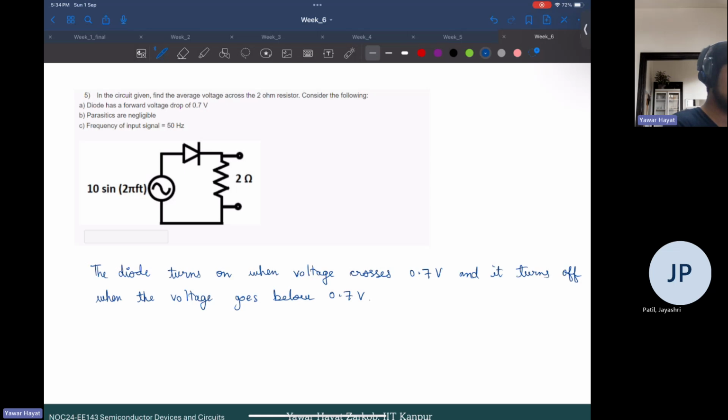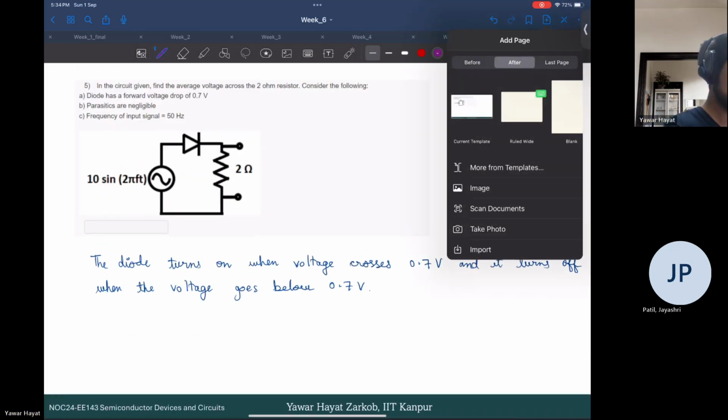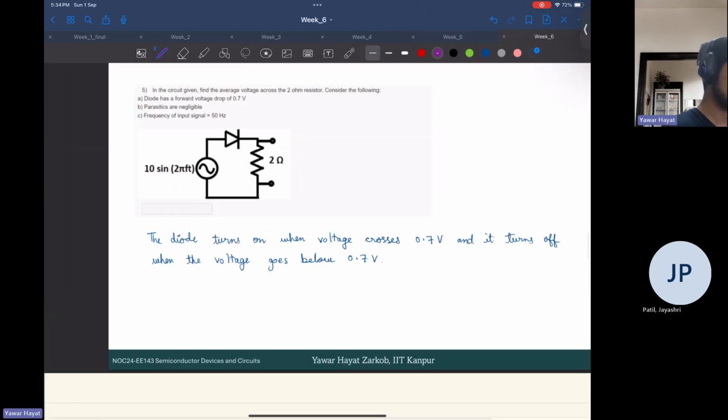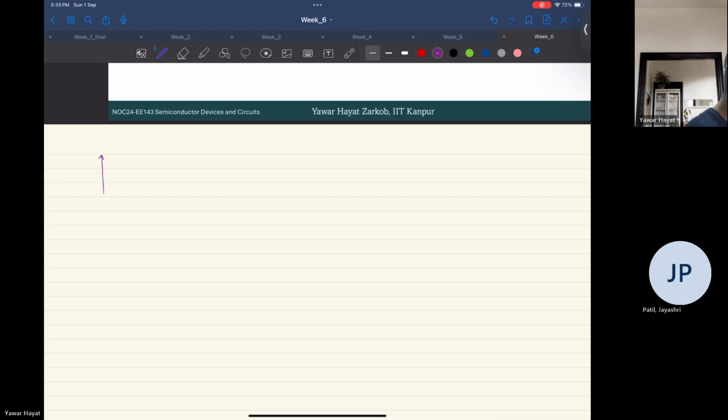Now, let me draw the V input waveform. I'll use the next page. This is your V in.